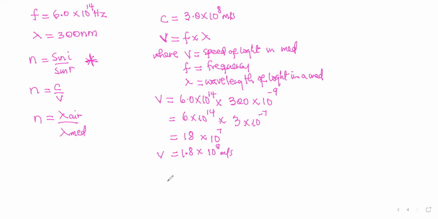So once we have v in the medium, Sir, hello? Sir, please, the first one, the 300 nanometers, you wrote 300 times 10 exponent negative 9. But the second one, you wrote 3 times 10 exponent negative 7. It's not wrong. This is what I did. See, 300 is 3 times 10 exponent 2, isn't it?